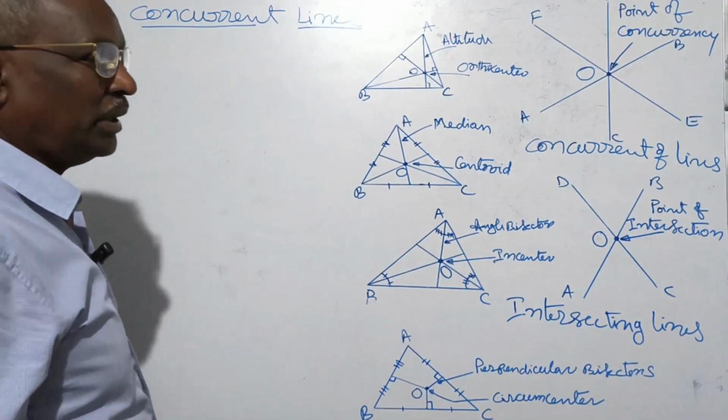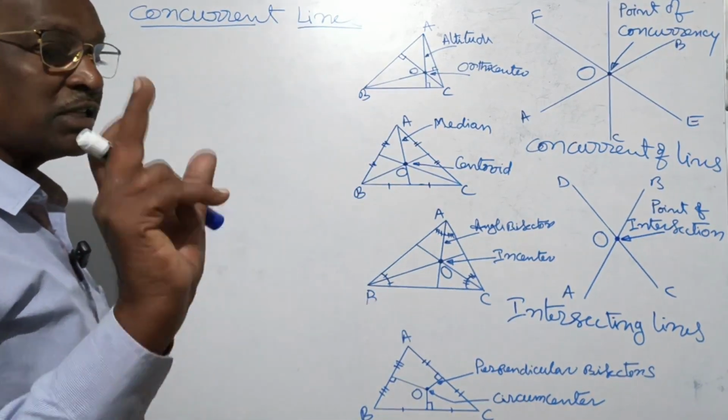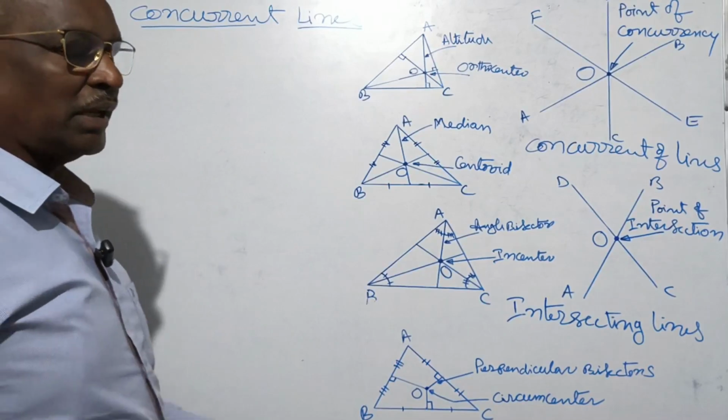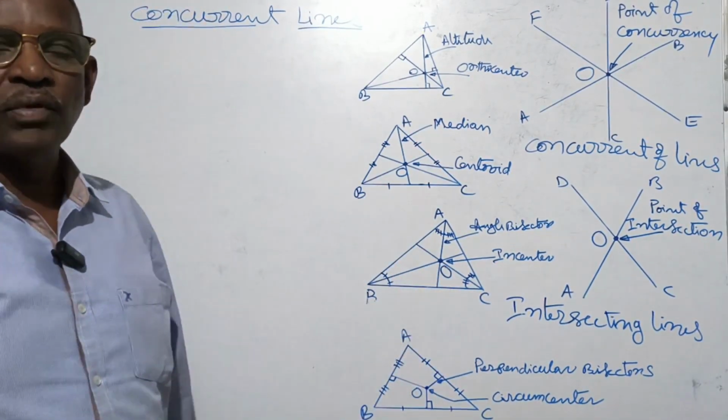Of course, there is a difference between concurrent lines and intersecting lines. What is the difference?